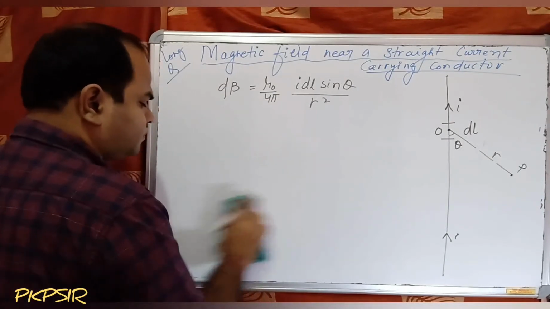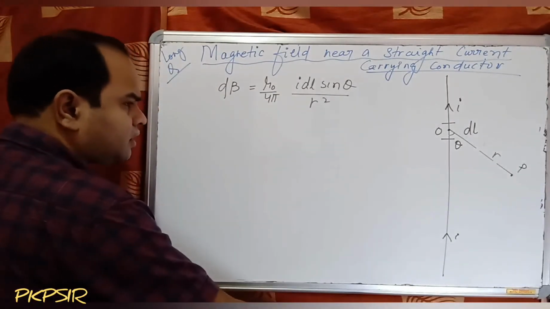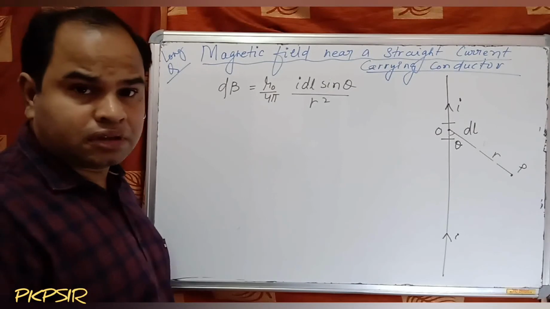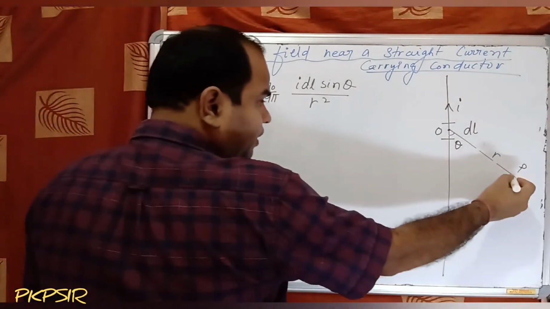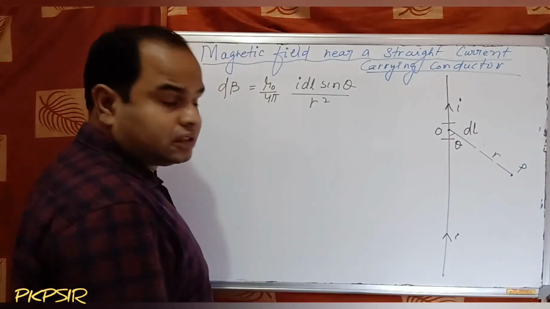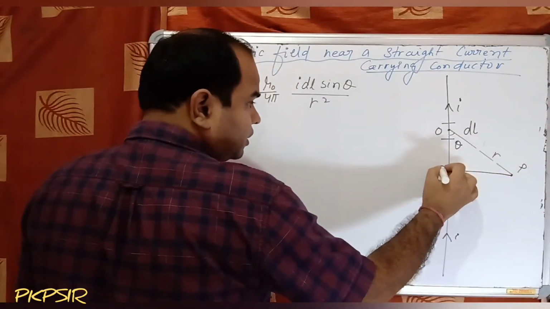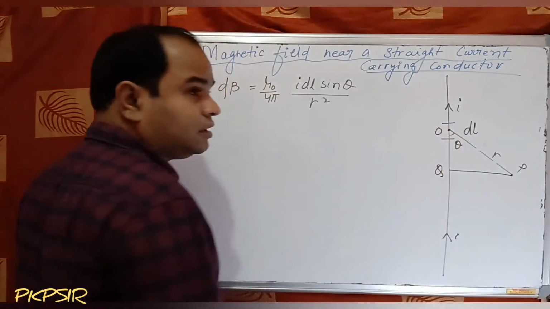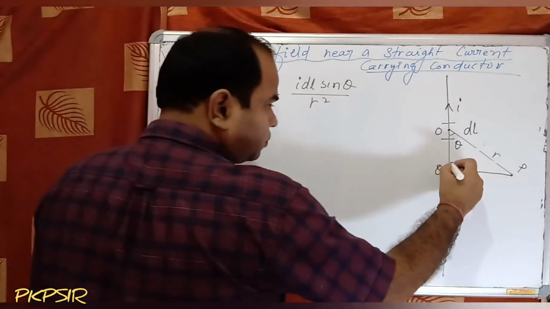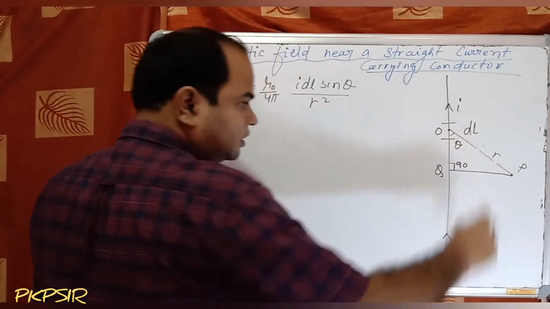Let us drop a perpendicular from P to the conductor, that is PQ. So perpendicular means this is 90 degrees.